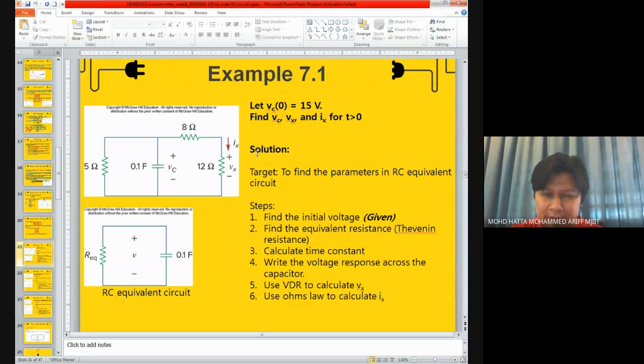What the question asks is: what is the voltage across the capacitor, VC, and also voltage Vx and current Ix for t greater than 0? This is only the strategy that I showed over here.